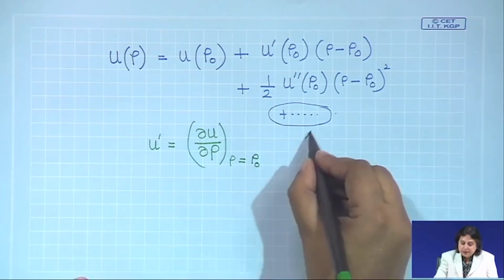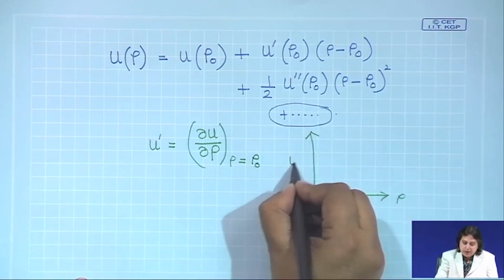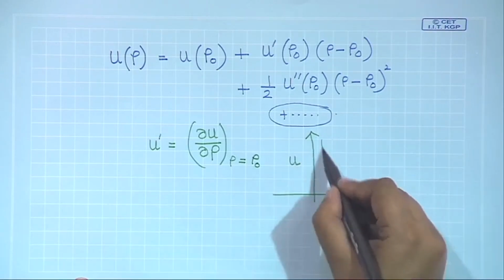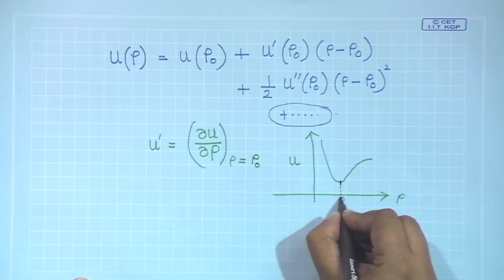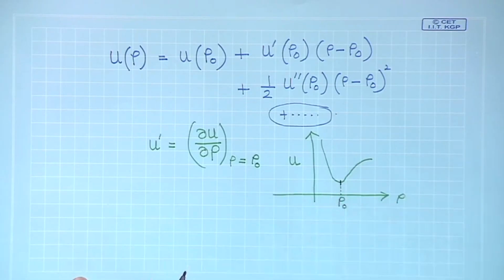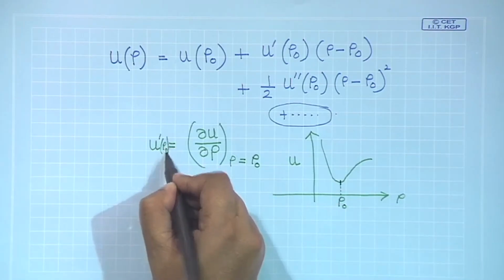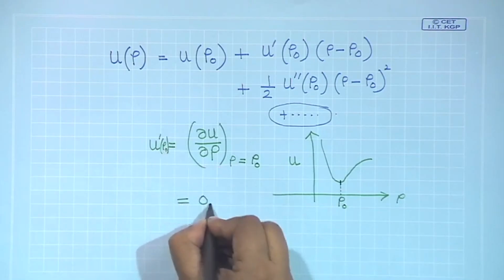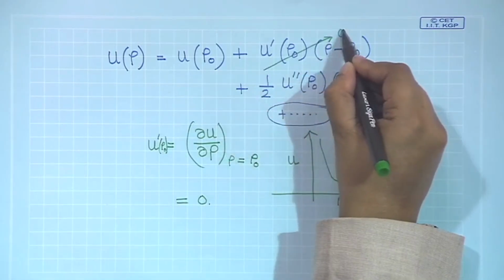If you will remember, we have already shown that as a function of rho, u of rho shows a minimum at rho naught, and therefore, when evaluated at rho naught, this term must be equal to 0, and therefore, this goes to 0.